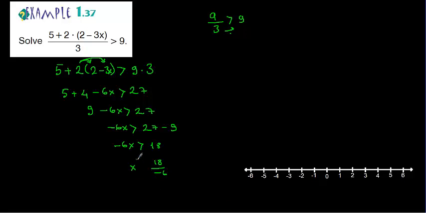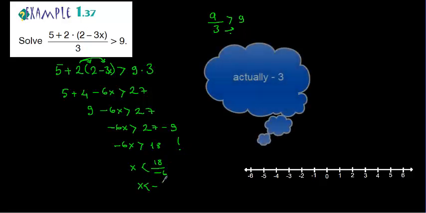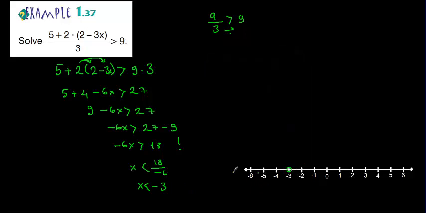x is less than minus 3 because I'm dividing by a negative number. x is less than minus 3 is the answer. So minus 3 is here. I'm going to write an open circle, because this is a less than sign only, and x is less than minus 3, numbers less than minus 3.